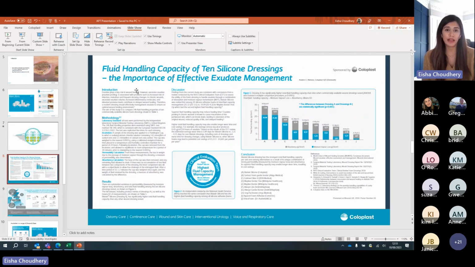So this here is a clinical study which was done by the NHS clinical evaluation team. They looked at the top 10 dressings that were available across the market, and they looked at how effectively each of those dressings manage exudate.